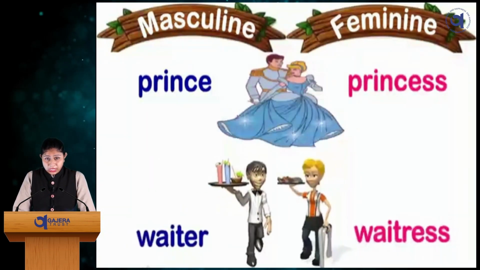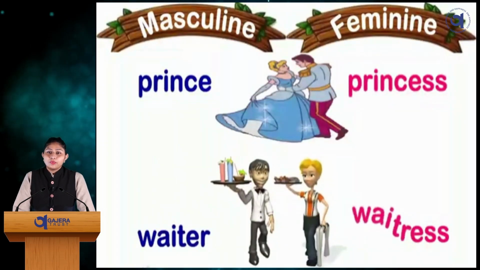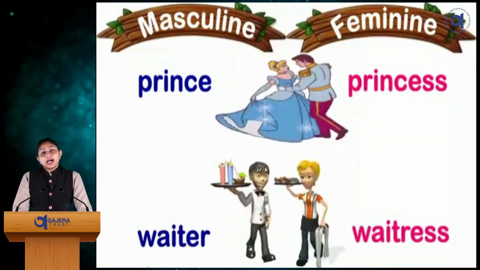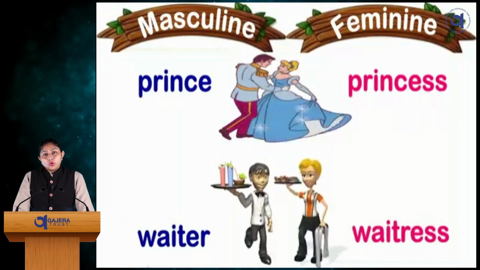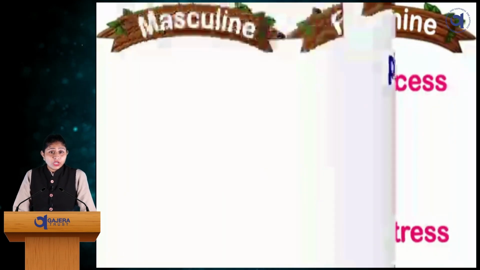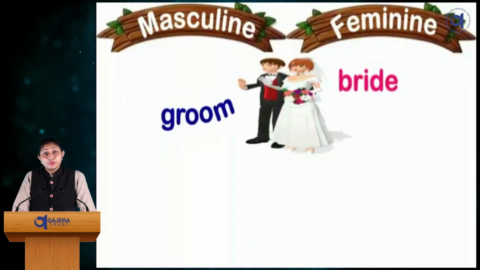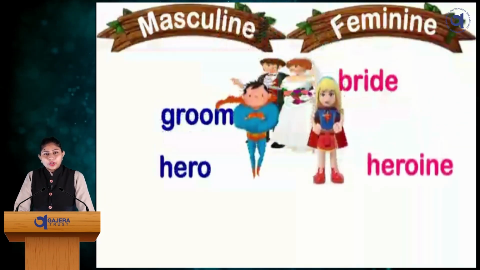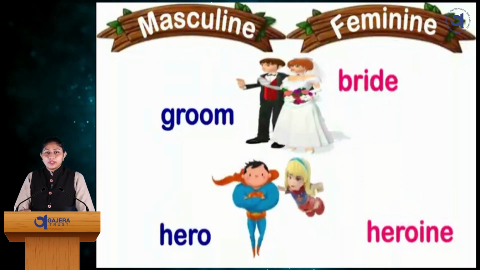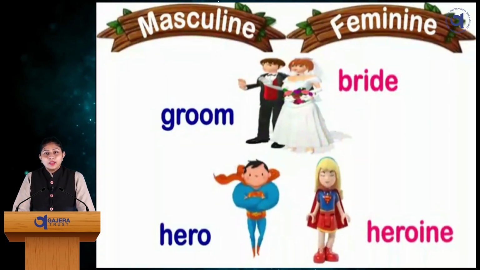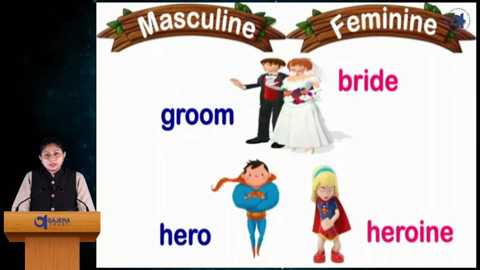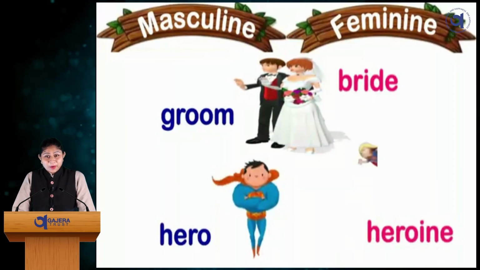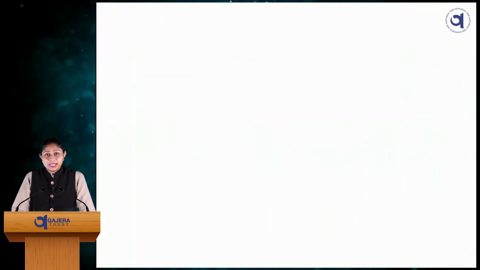After that, waiter and waitress. Let's go with some more examples to clear this topic again. Bridegroom and bride. And here comes our Spider-Man, hero and heroine, Deepika Padukone. So that's a very interesting topic and example for you all, right?